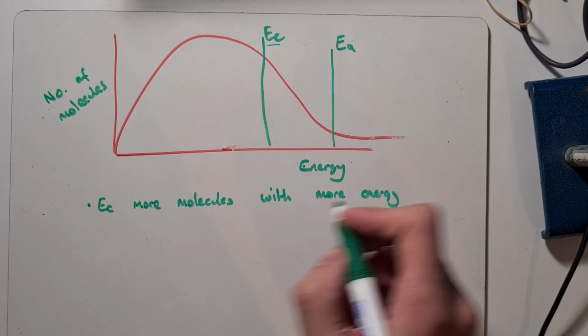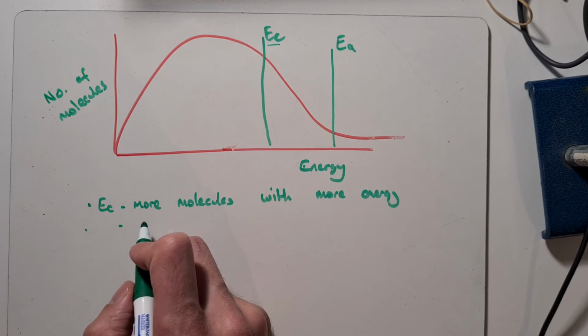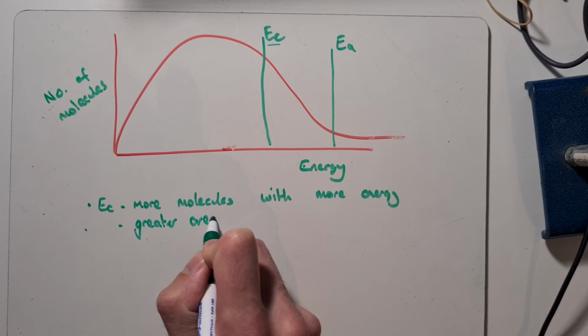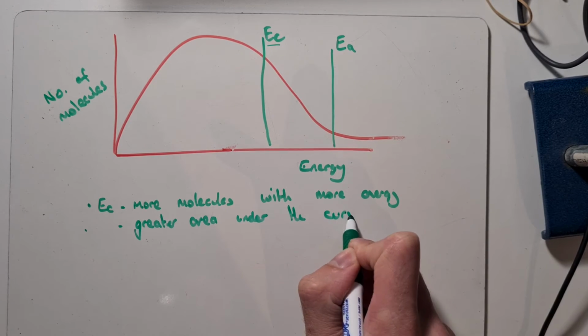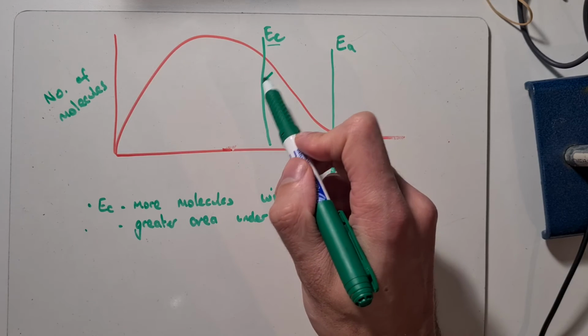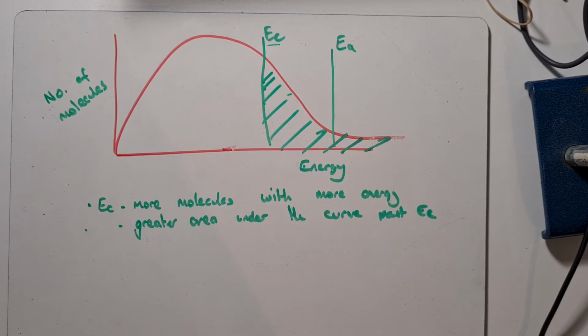Or at EC, there is a greater area under the curve past EC. So as we go past EC, we've got a greater area there.